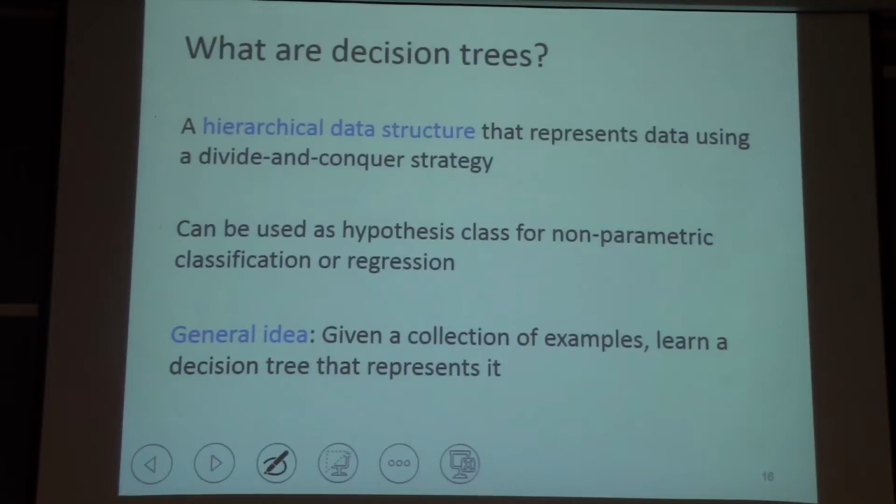A decision tree is a hierarchical data structure, and you can think of it as representing data using a game of 20 questions. As far as this lecture is concerned, it's our hypothesis space. The space that we are going to search over is the space of all decision trees, and that's the game that we're going to play.